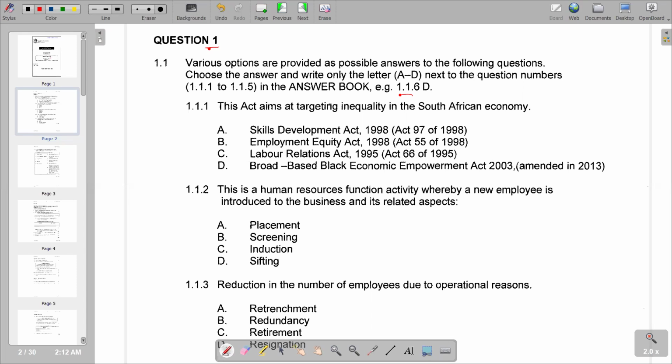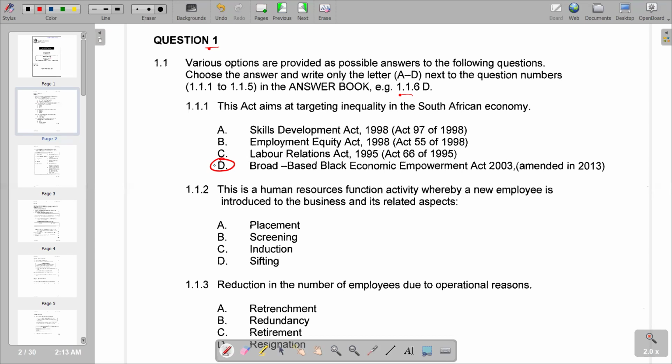So going to our first question, it reads, this act aims at targeting inequality. We are given the Employment Equity Act, the Labor Relations Act, and on D, the Broad-Based Black Economic Empowerment Act. Remember, its main objective is to advance economic transformation and enhance the economic participation of Black people in the South African economy.